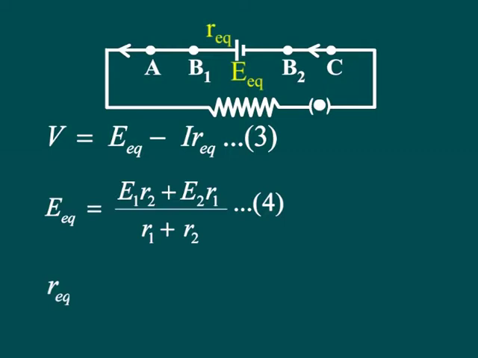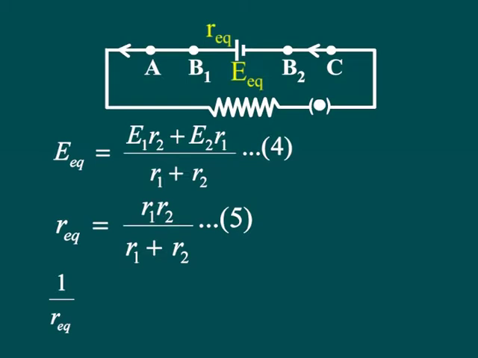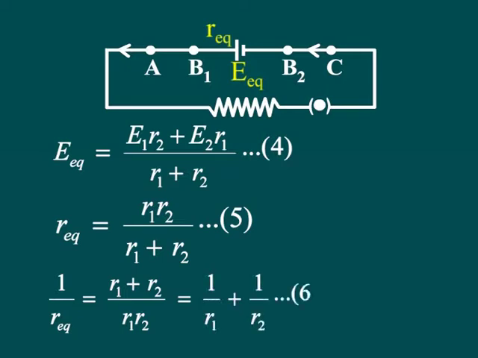And R equivalent is equal to R1 into R2 upon (R1 plus R2), or 1 upon R equivalent is equal to (R1 plus R2) upon (R1 into R2), which is equal to 1 upon R1 plus 1 upon R2.